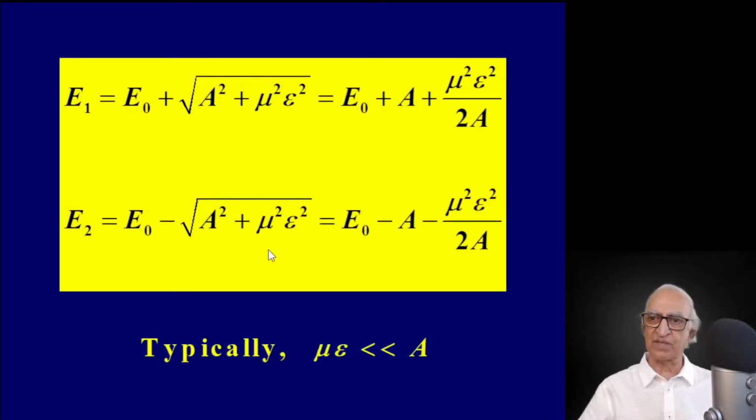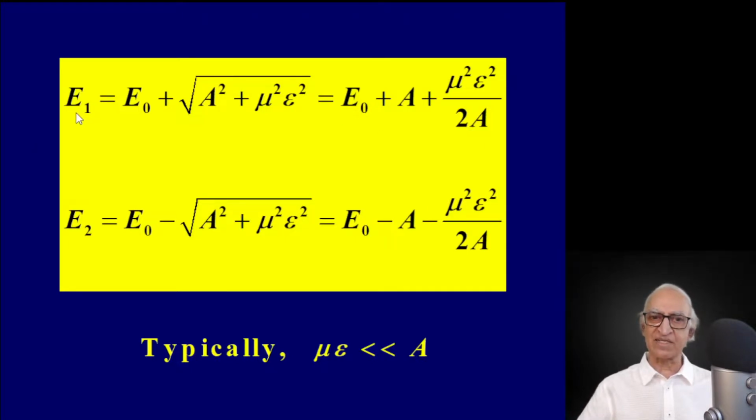The square root can be expanded because in a real experiment the electric fields are so small that the splitting due to the electric field, mu E, is very small compared to the splitting due to quantum mechanical tunneling between these two states. Therefore, I can take A squared outside, and I'll get A times the square root of 1 plus mu squared E squared divided by A squared. I can expand that and keep only the first term, and I will have these two expressions over there.